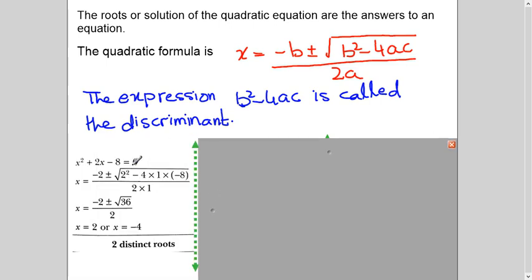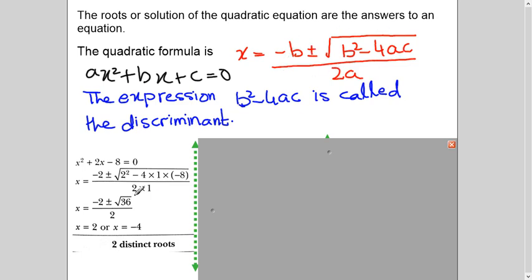For example, I have taken this example, x squared plus 2x minus 8. Of course, my a is 1, b is 2, c is minus 8. I'm comparing it with the general quadratic equation, and you are aware of it. We have seen it in the previous video also. So I am just substituting the values of a, b, c in this formula.